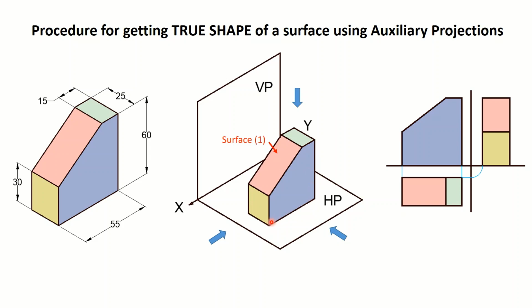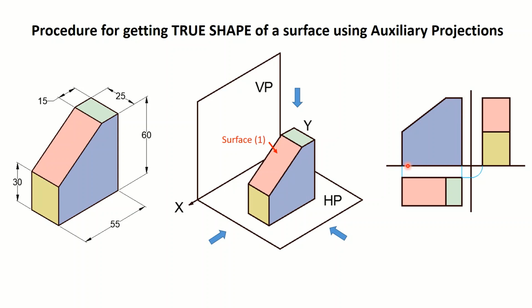Now we all know that any line or edge that is parallel to a projection plane, its projection on that plane is its true length. So it means that all these lines that make this surface are also parallel to the vertical plane. So the projections of all these lines, these projections here, are the true lengths of these edges.